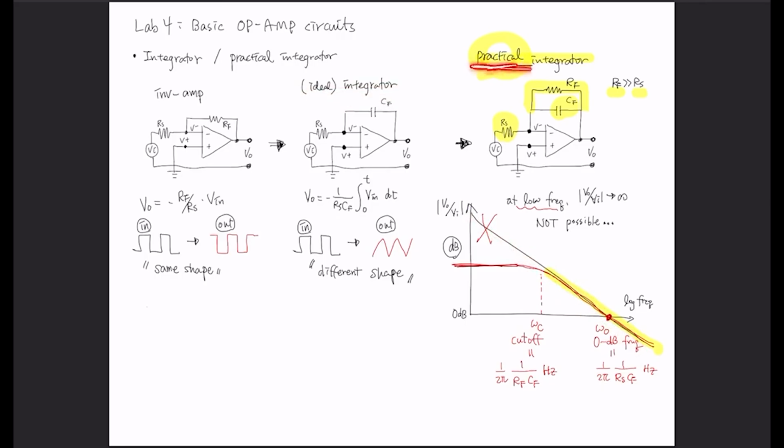However, in a practical situation, the curve is going to change like this, so this regime is not going to give you an integrated signal. This yellow highlighted regime that follows the ideal line is the range that we want to use for the integrator, right?